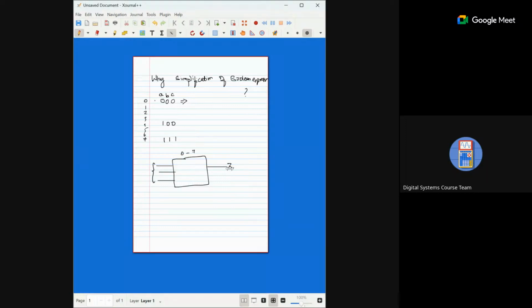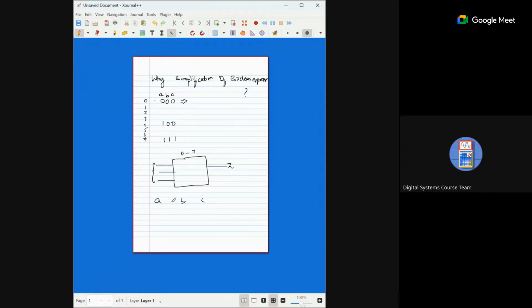So if I want to produce an output, what are the dependent variables of output Z? A, B, C. Either only A is dependent, or only B is dependent, or C is dependent, or all the things are dependent. All the things are dependent.